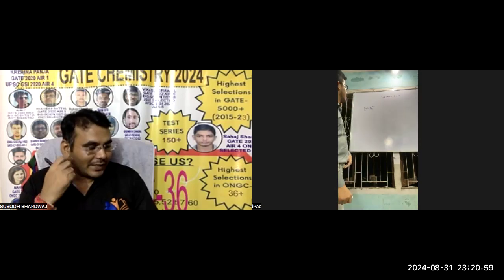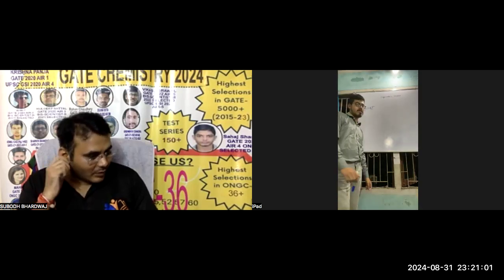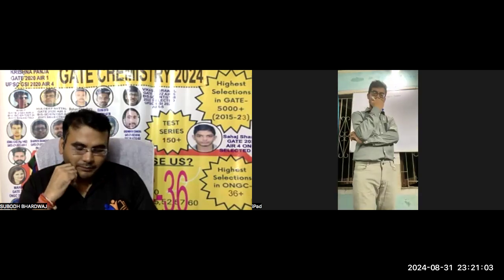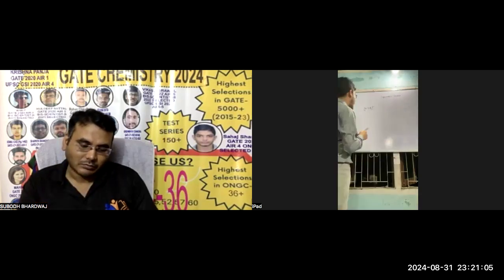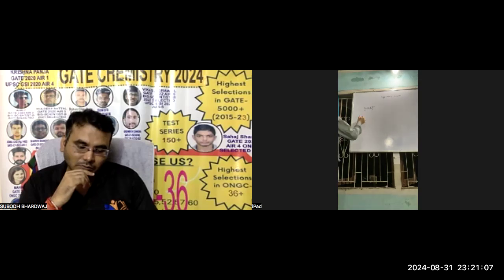Metal ion, ligands, ionization sphere, coordination number, coordination sphere. So here coordination complexes are basically formed by transition elements. Coordination compounds are basically formed by transition elements. So here the transition element is iron. So iron is the central atom, and cyanide is the ligand.